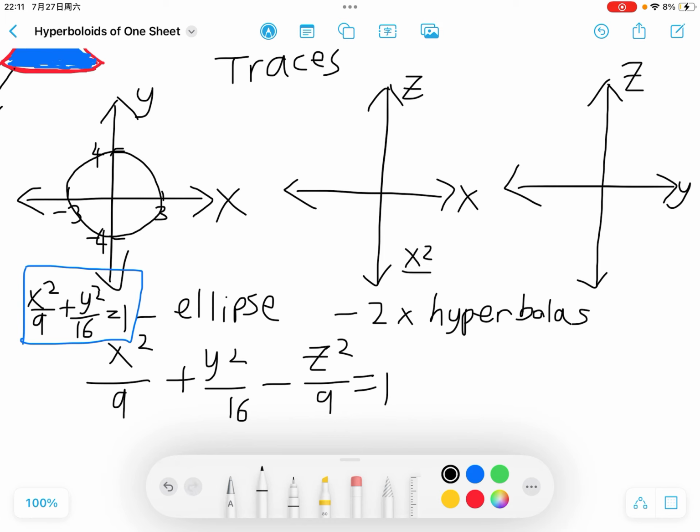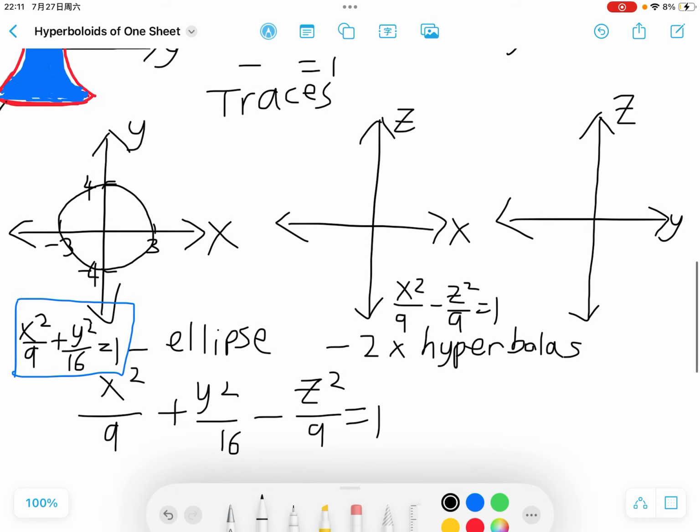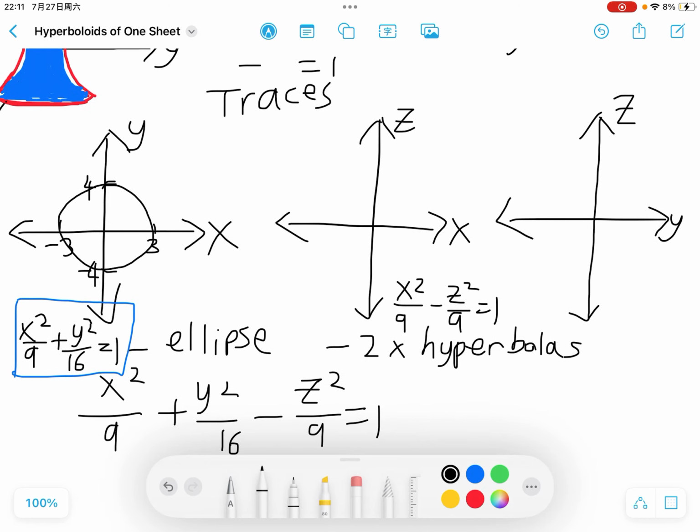Let me just write it: x squared over 9 minus z squared over 9 is 1. In this case, we have a hyperbola, and this hyperbola here is basically something like this.